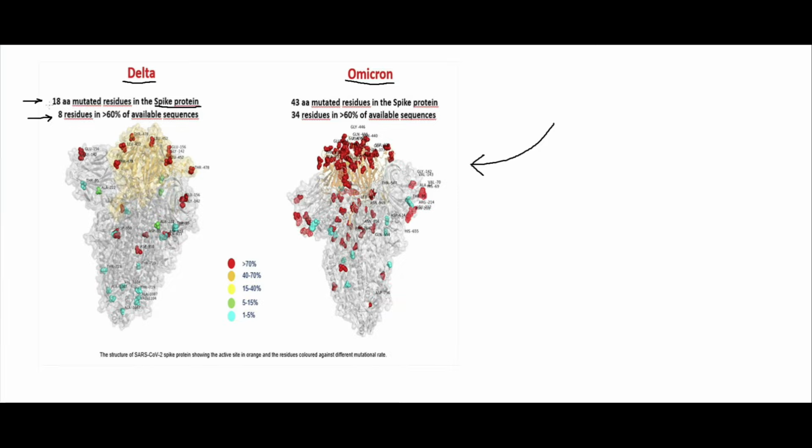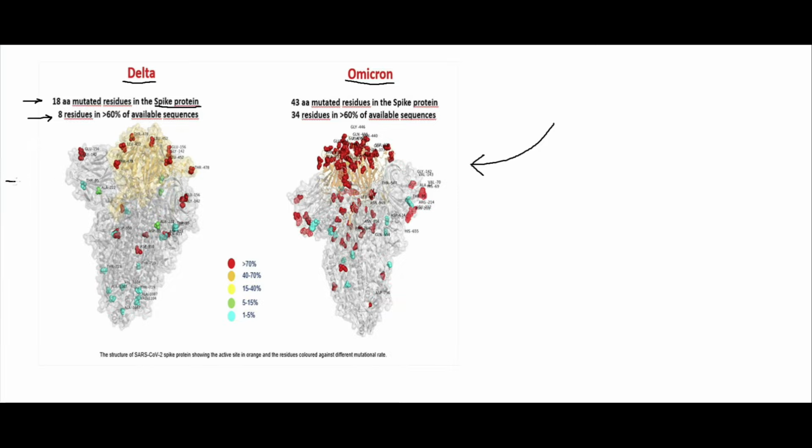So when it says there are 8 residues in greater than 60% of available sequences, that means those are the ones that are most prevalent in that strain. Those are the signature mutations of that strain.